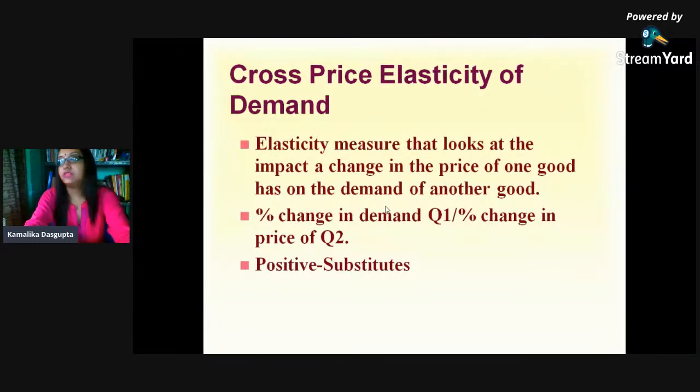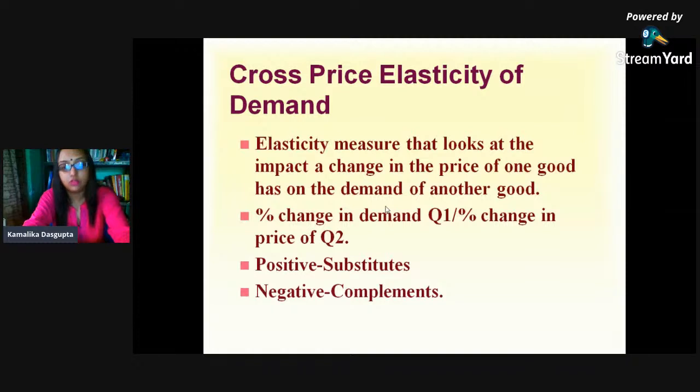Now, suppose X and Y are substitutes, say X is tea and Y is coffee. If Y's price increases, people are going to switch their consumption to tea. So, obviously, if the price of Y increases, then demand for X will go up. So, if the two commodities are substitutes, then the cross price elasticity of demand is positive.